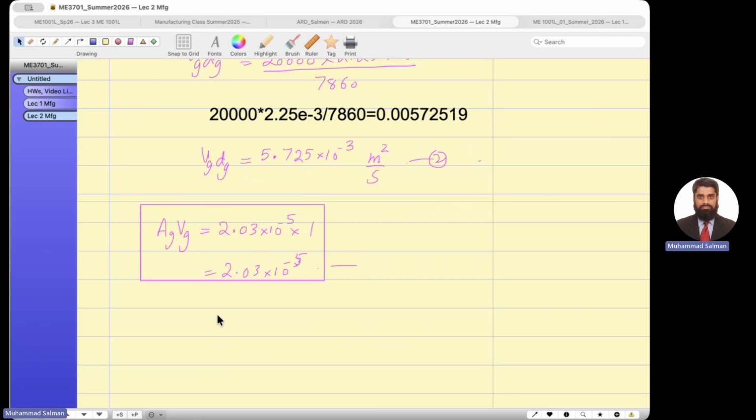This is just a rearrangement manipulation, and this one area is pi d square over 4 times velocity at the gate. That is equal to the right hand side. You see, that is equal to how much? So if you do the math here, can you plug it in?